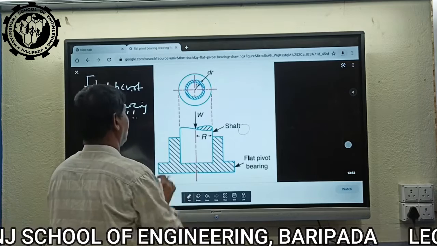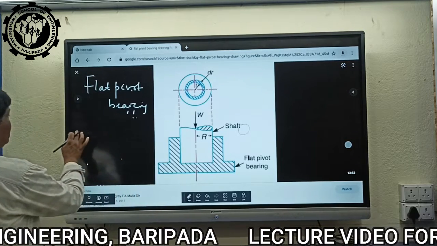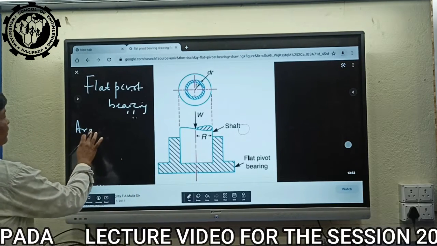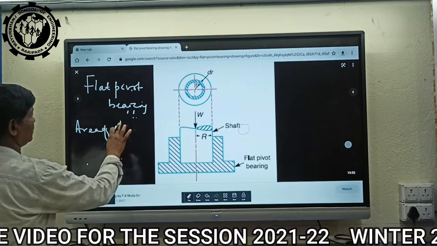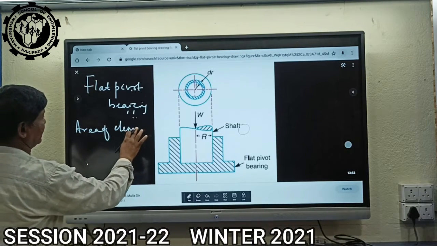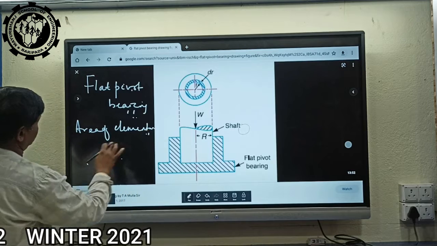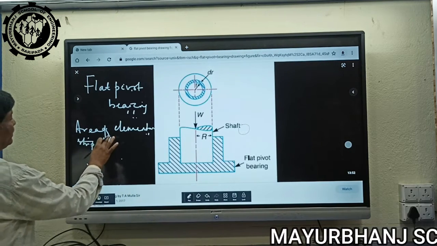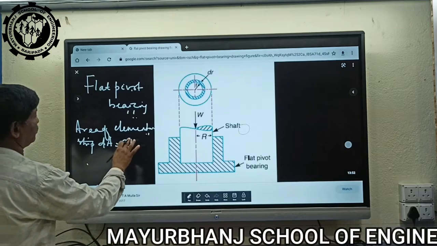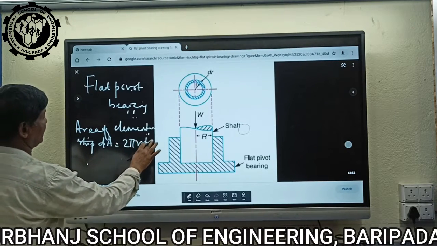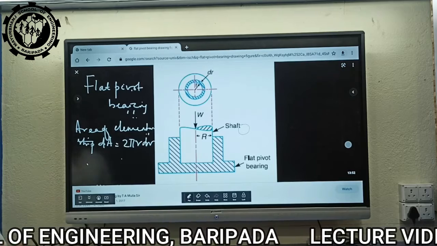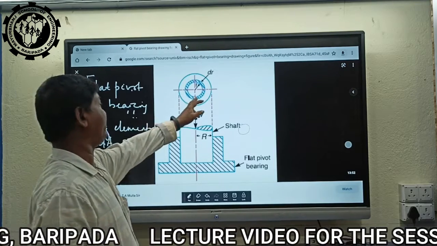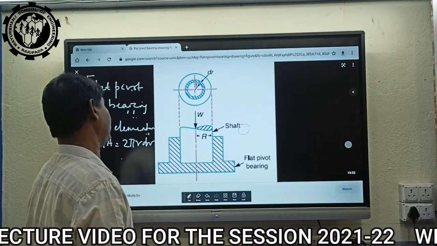First, the area of the elementary strip, dA, is equal to 2 pi r dr. That is called the area of the elementary strip.